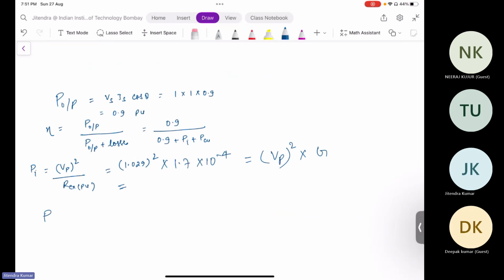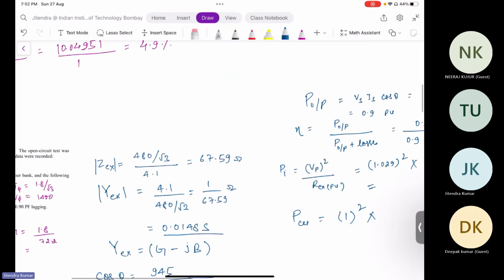In the meanwhile, you compute. I am writing the expression of copper loss, that is Is square R. I is 1 square into R we have computed.